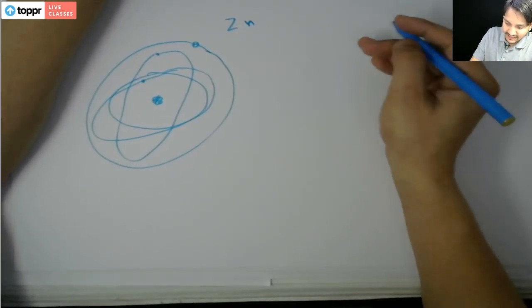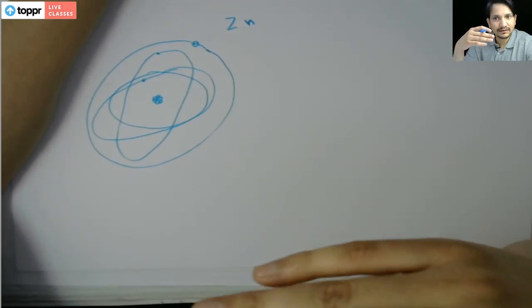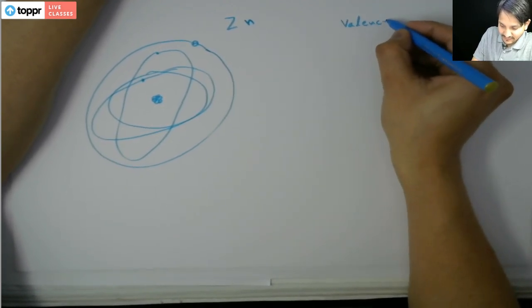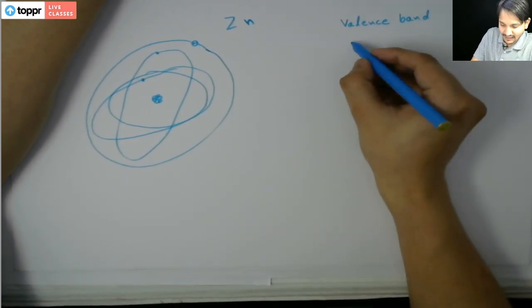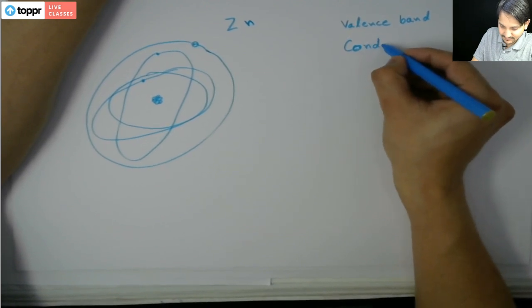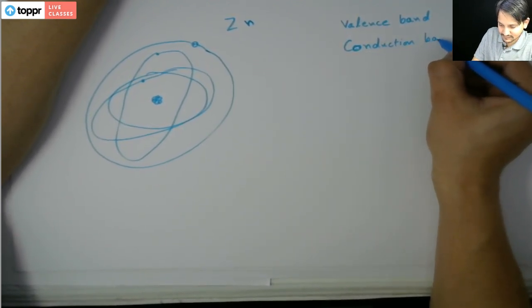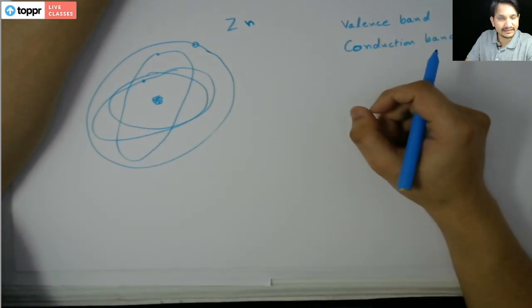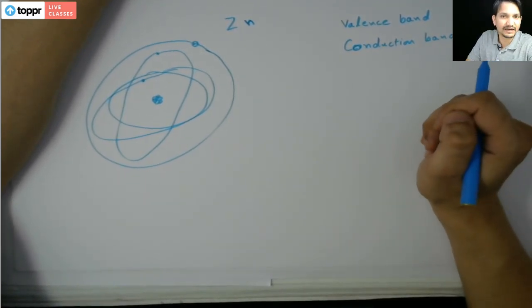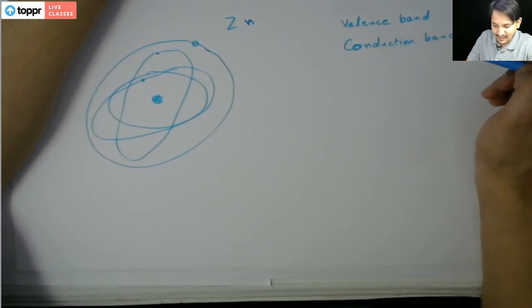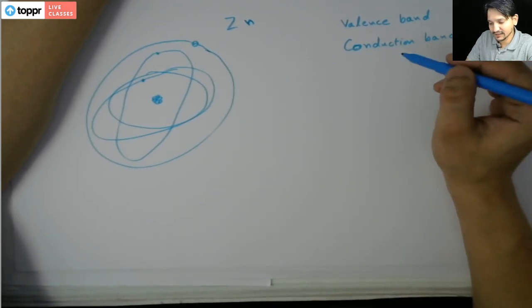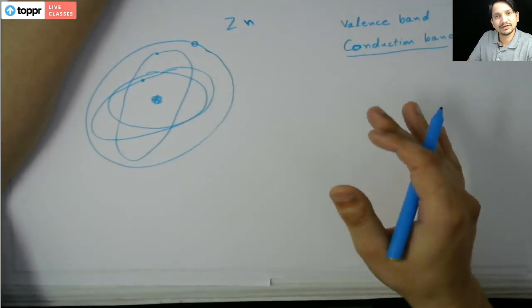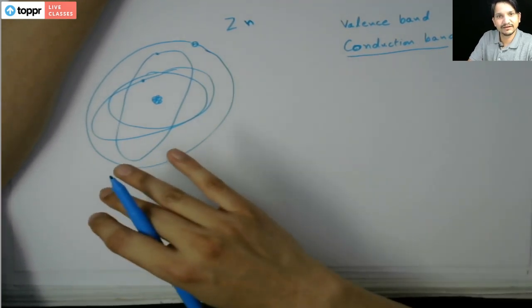If we divide electrons into two types, one being in the valence band and one being in the conduction band: valence band electrons are those which take part in reactions and maintain the electronic configuration, but don't take part in conduction of electricity, while electrons in the conduction band are quite available for sharing, freely jumping from one atom to another.